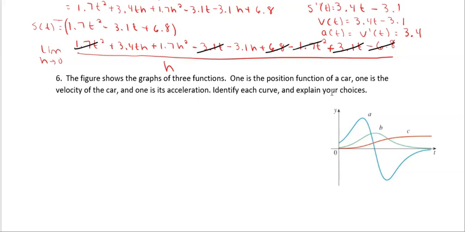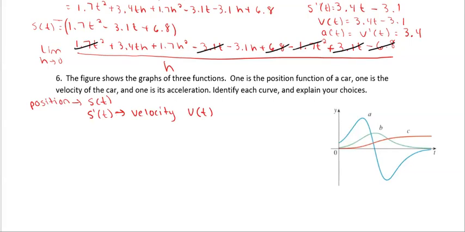So remember, let's put these all together. The first one is the position, and that is s of t. Then if we take the derivative of s of t, that gives us the velocity, which is v of t.